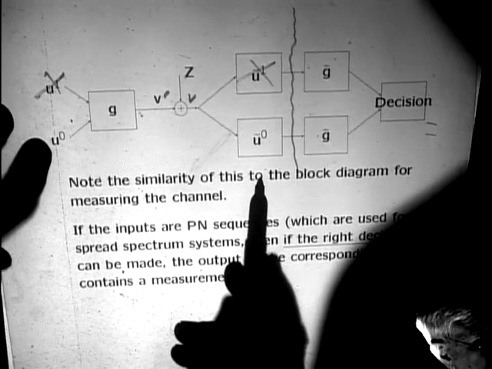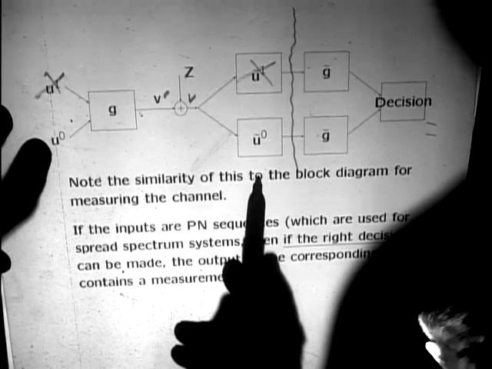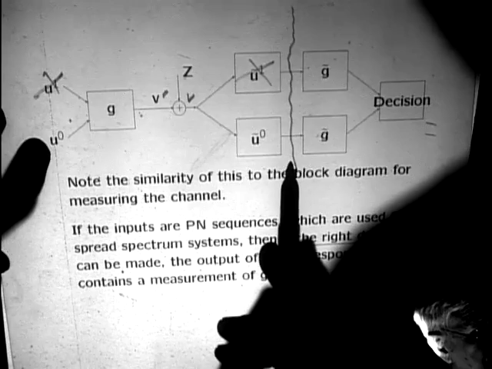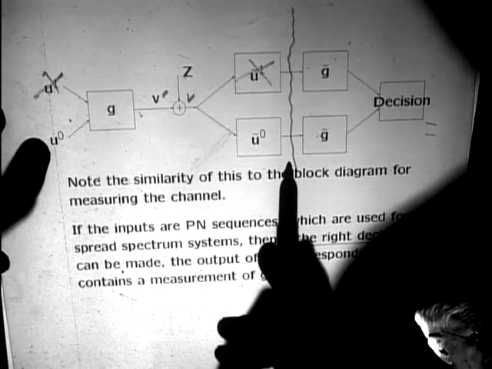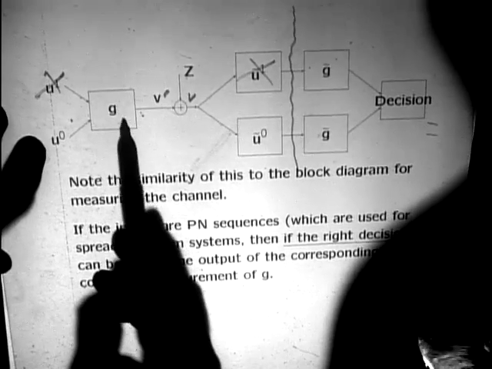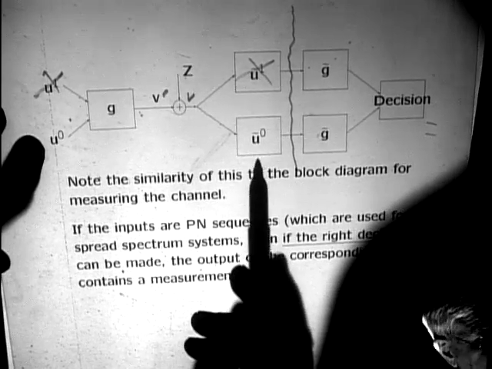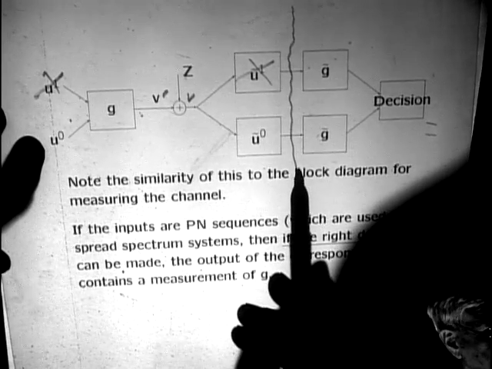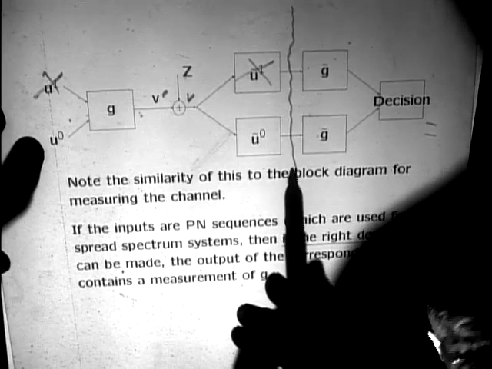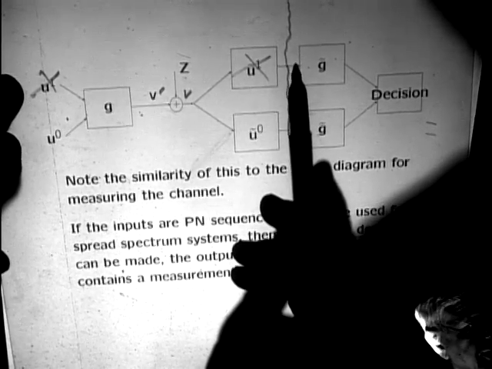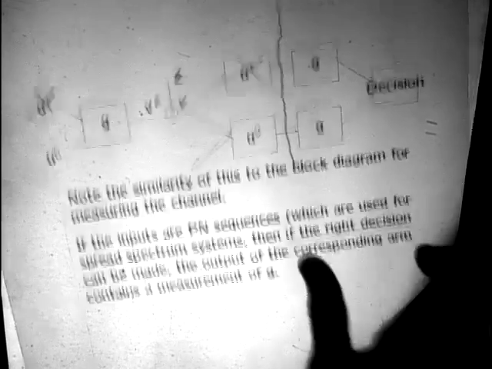It goes through the matched filter to U0, and what comes out is a measurement of G. That's what we showed before, when we were trying to measure G. We started out with a PN sequence, went through G, added noise, and we can't avoid the noise. Then it goes through the matched filter, and that is a measurement of G at that point there. And if we send U1, that's the measurement of G at that point there.